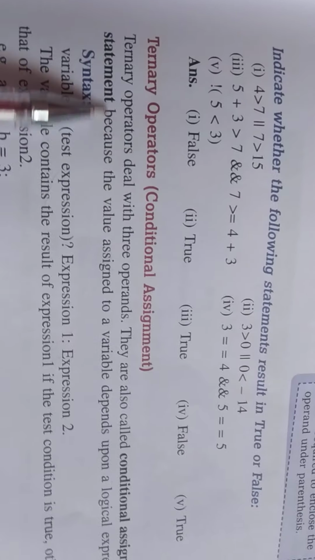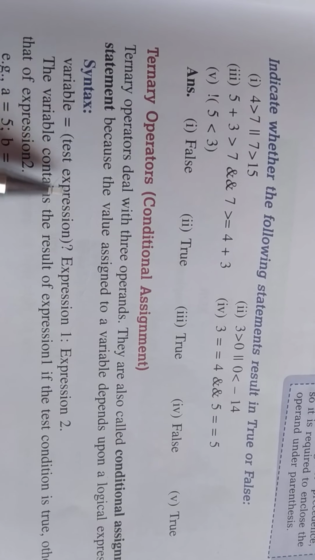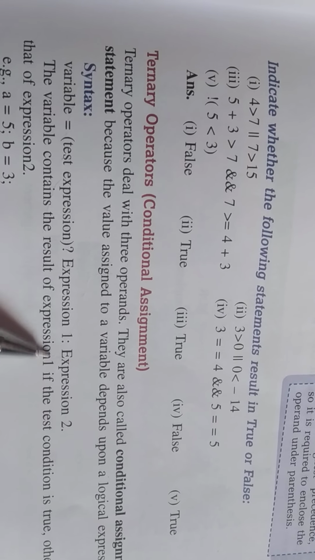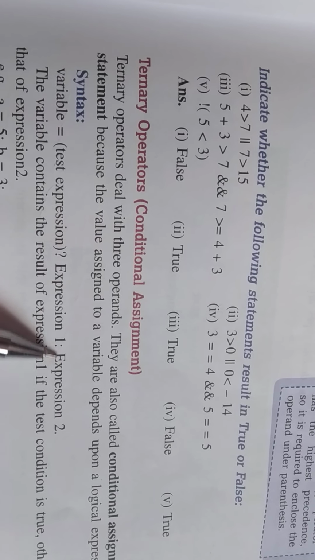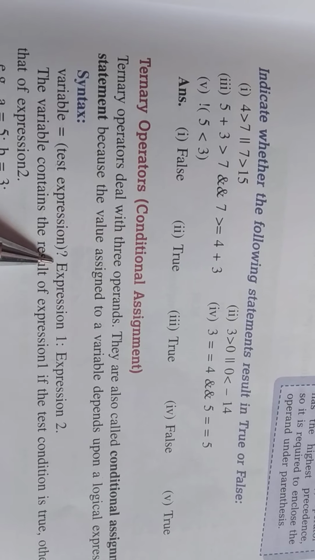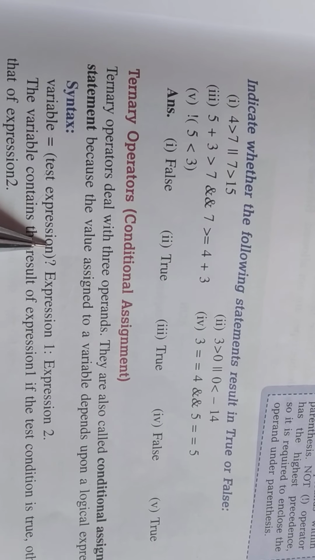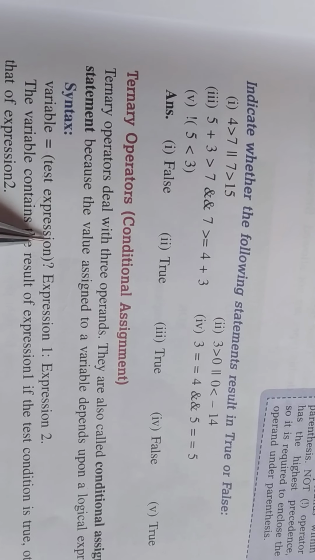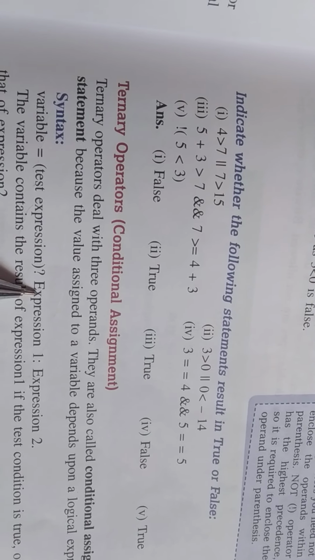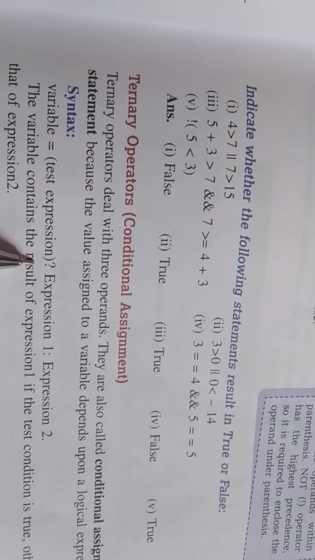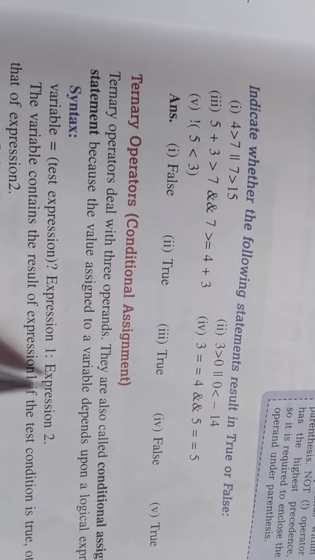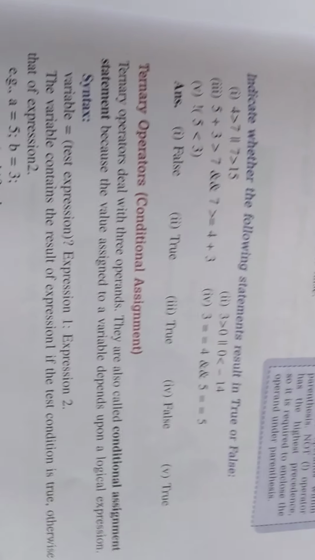So see the syntax: variable is equal to test expression, question mark, and colon. These are the two very important things that you need to know. The test expression means your condition. On the basis of this condition, after the question mark, two possible outcomes are there. Expression 1 is the true part and expression 2 is the false part.